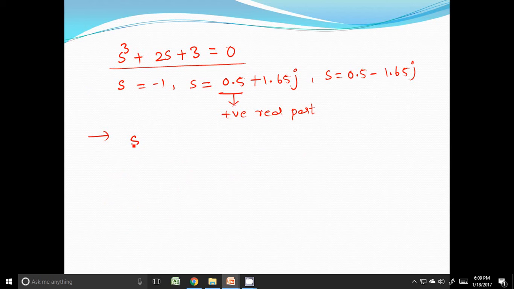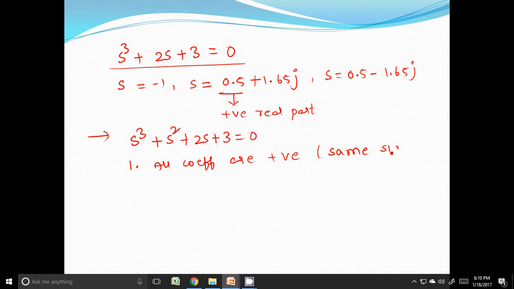Here the characteristic equation is, say, s cube plus s square plus 2s plus 3. Here all coefficients are positive, that means they have the same sign, and none of the coefficients is 0.